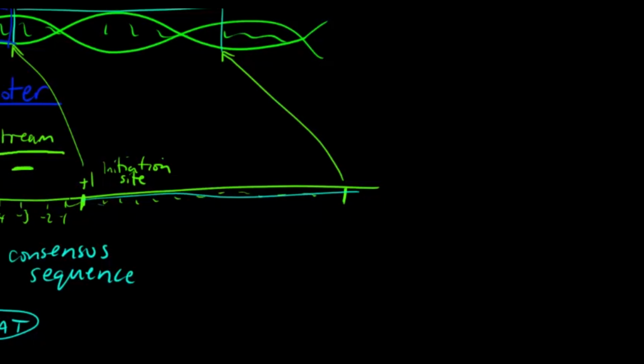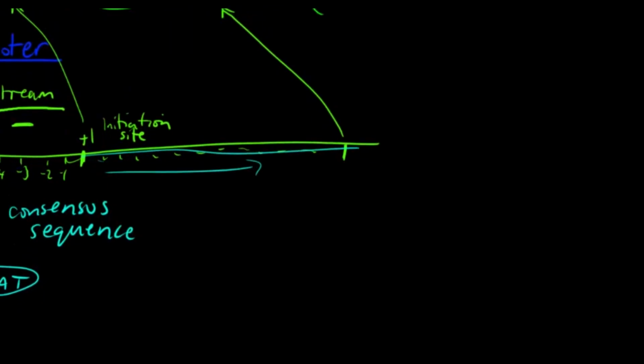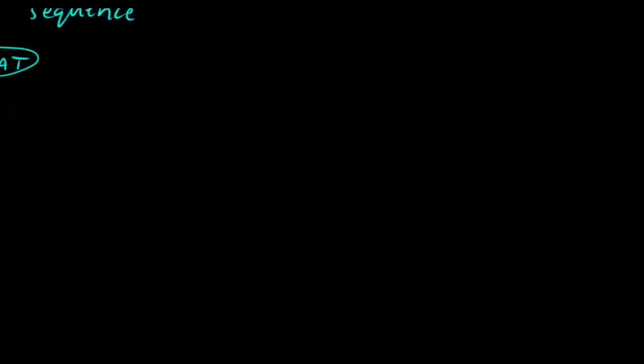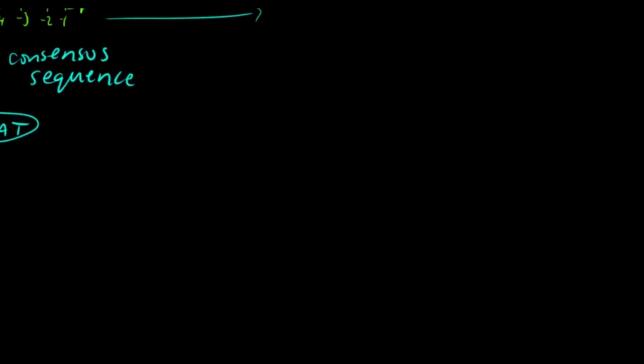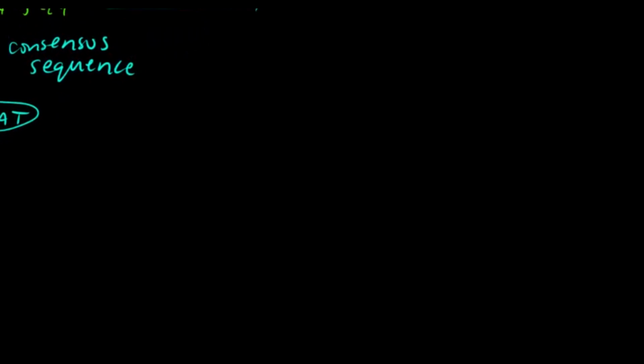It will attach to the DNA, and transcription will initiate. There are a few things that need to happen first. The process by which RNA polymerase 2 attaches to the DNA is slightly, but not too, complicated.